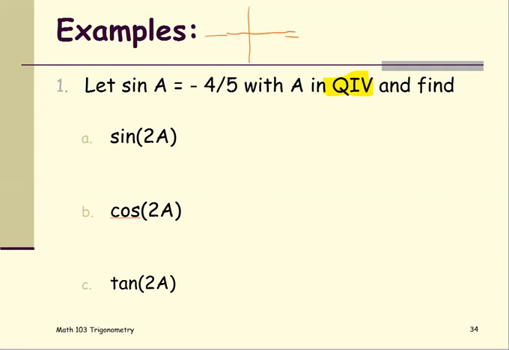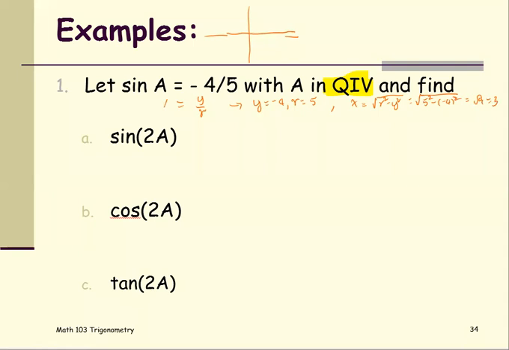Sine is y divided by r. Therefore, y is negative 4 and r equals 5. We can find x by using the Pythagorean theorem, the square root of r squared minus y squared, to obtain the square root of 5 squared minus the quantity negative 4 squared, which simplifies to the square root of 9, or 3.